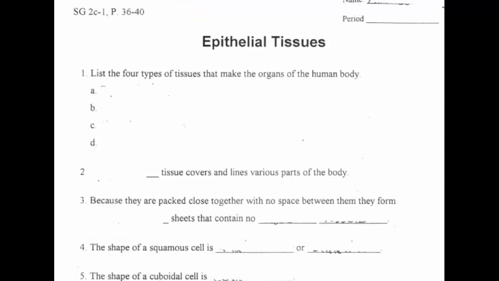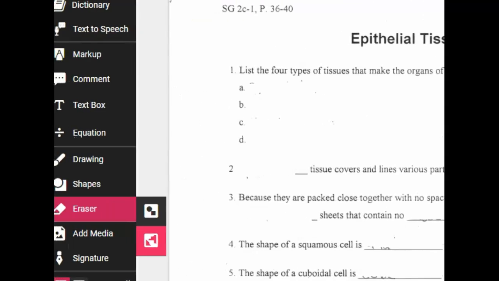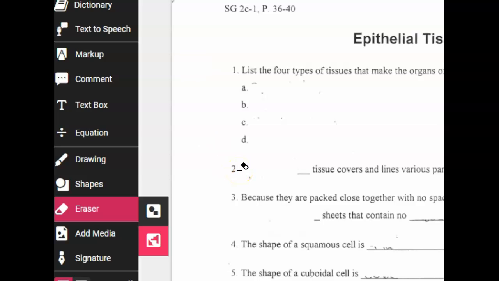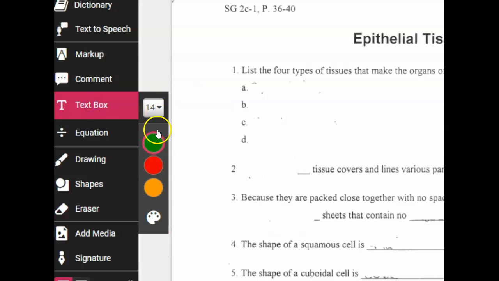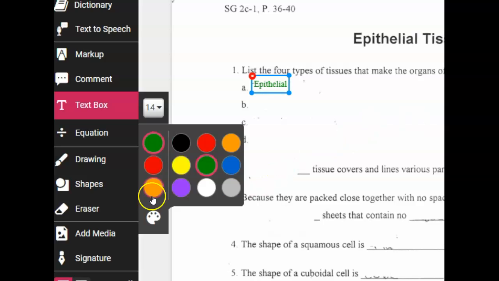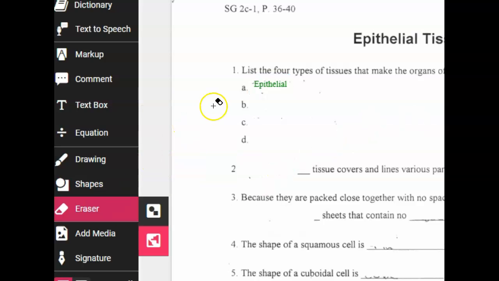I'm going to move my screen here, and you can't see this, this is just what I'm taping. You want to make sure that you put in a text box, right? And I'll put in a text box. And we know that one of those is epithelial. So you can write that in. If you need to erase, you click on erase and you erase it. So this is how I'm going to ask you to do the assignment using Kami.